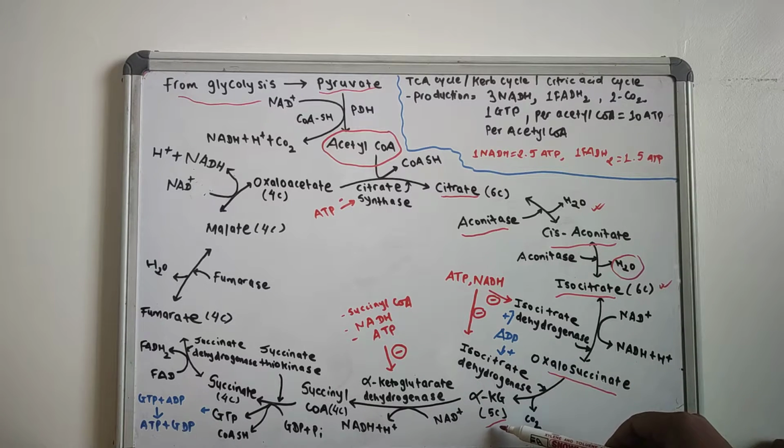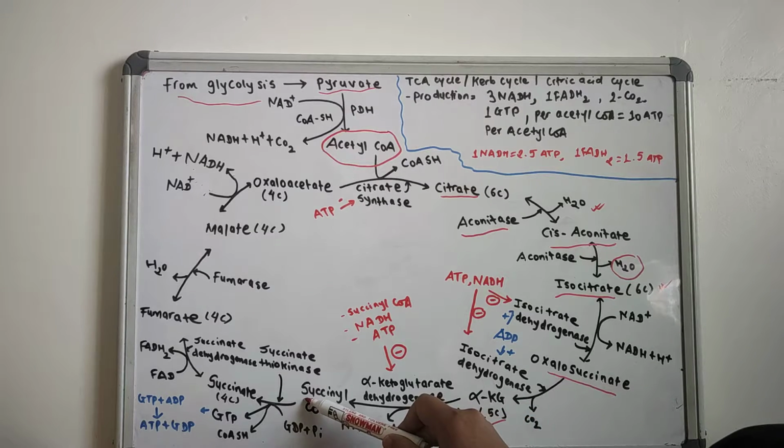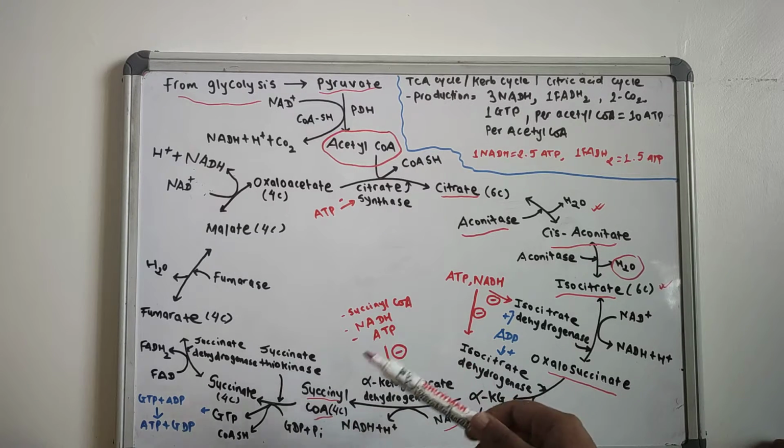On the alpha ketoglutarate, the alpha ketoglutarate dehydrogenase enzyme acts with the help of NAD+, forming NADH plus H+, and also forming succinyl coenzyme A, which is a 4-carbon compound.